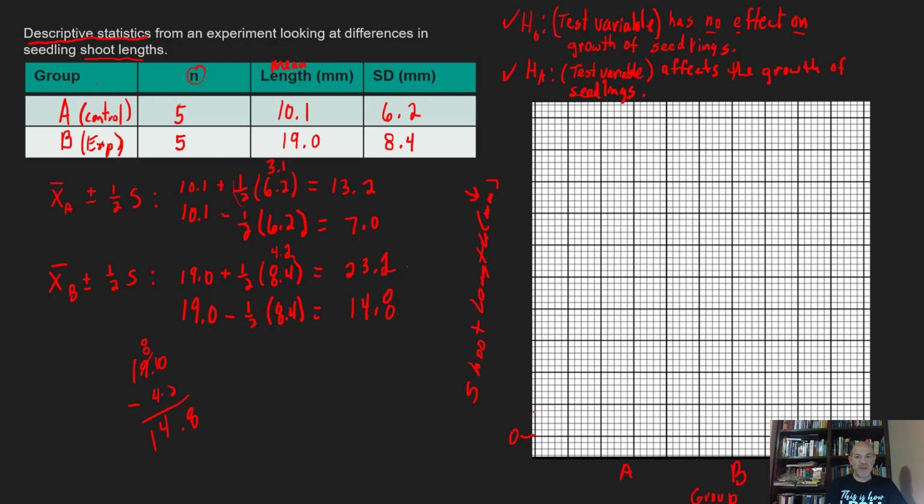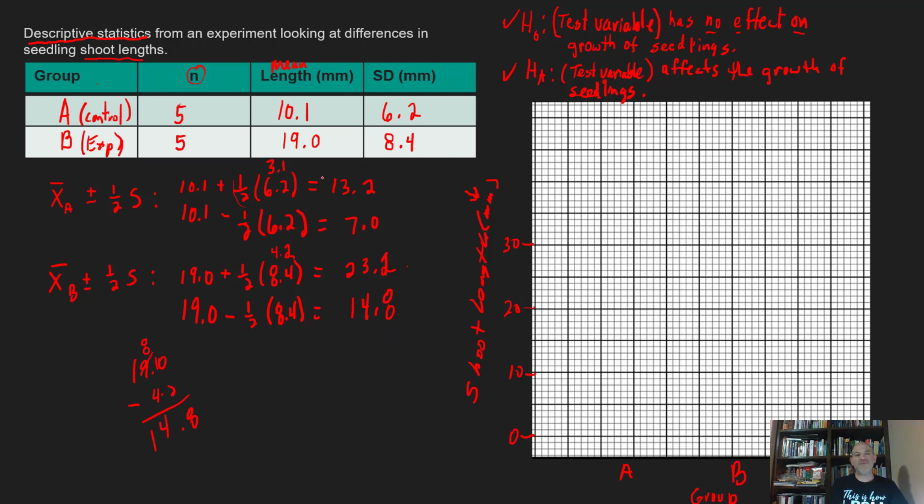And I need to fit up to a high value of 23. So if I go by, every little line is ones. There's 5 there. That's 5, 10. I think that's going to fit my data because I won't go off the graph here. 15, that's 20. 25, that's 30. We should fit the highest value that we need to graph there easily.